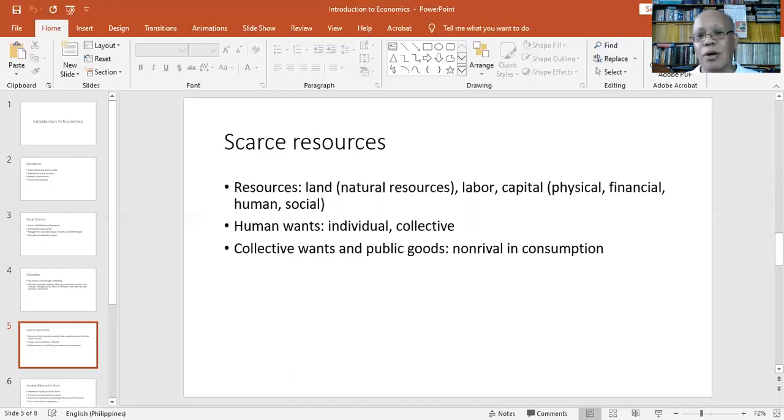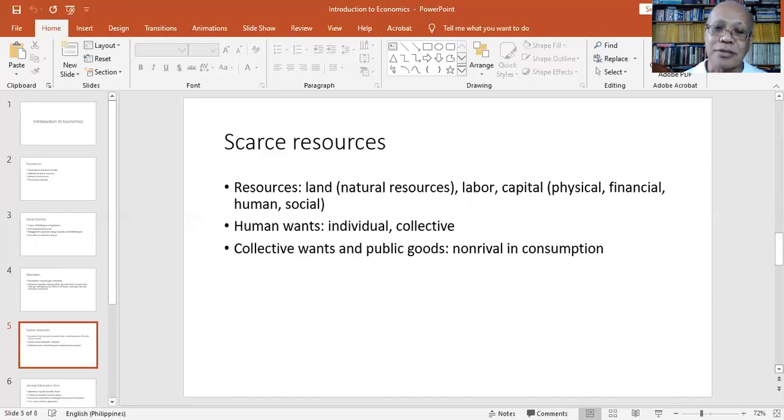Now, human wants, whether individual or collective, are unlimited, which means they cannot all be satisfied by the available resources, and that is what makes resources scarce. And that is why some decision, some allocation has to be made, which means that some wants will be fulfilled, others not.